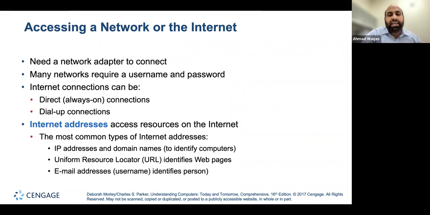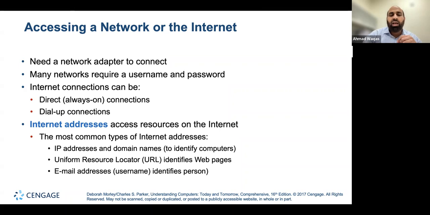There are three most common types of internet addresses. One is the IP address, which we need to identify computers or physical devices. URLs, uniform resource locators, are the addresses to identify web pages, and email addresses are used to identify humans or persons. So three addresses: IP address, URL, and email address.